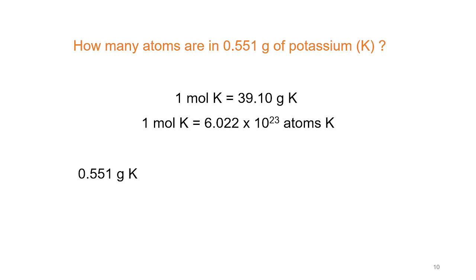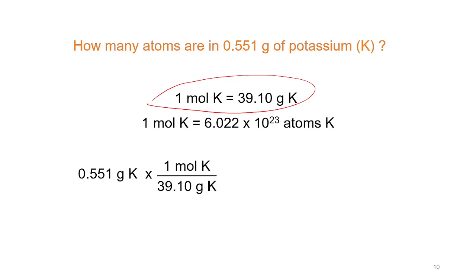So we will be using this as our multiplier: 1 mole of potassium per 39.10 grams of potassium.